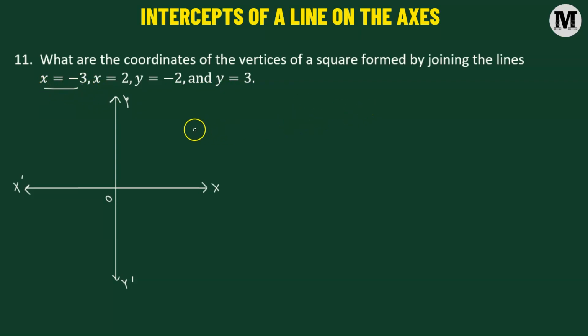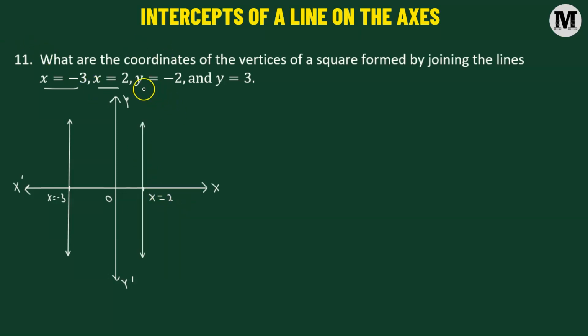That's a line parallel to the y-axis with an x-intercept of -3, so it passes through the point x equals -3. Then we consider the next line, x equals 2. This line is also parallel to the y-axis, but it has an x-intercept of 2 units, meaning it passes through the point x equals 2.